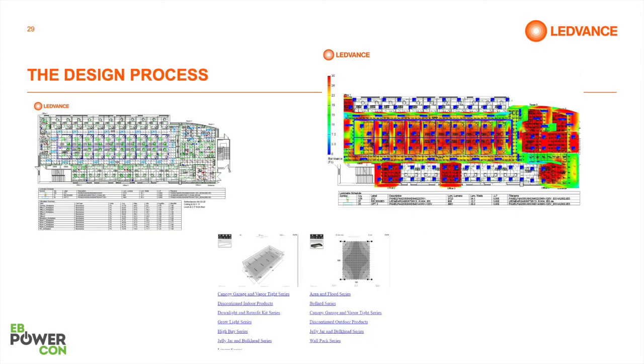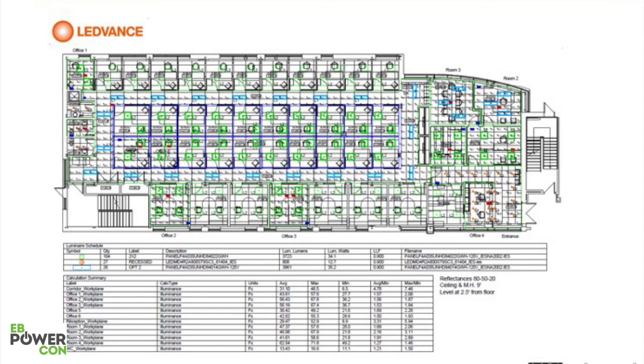As part of the lighting design process, you should do a lighting layout. Sometimes you'll have a CAD drawing, which is very helpful. And then we can adjust lighting levels in different regions. Here are just a couple of examples that I worked on.